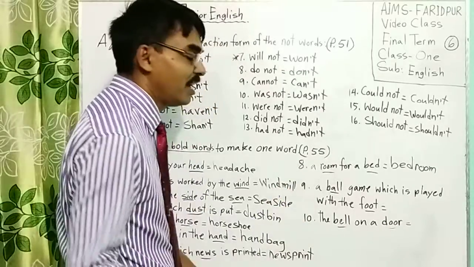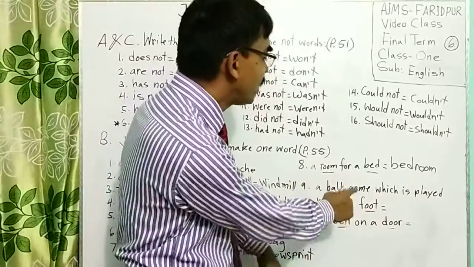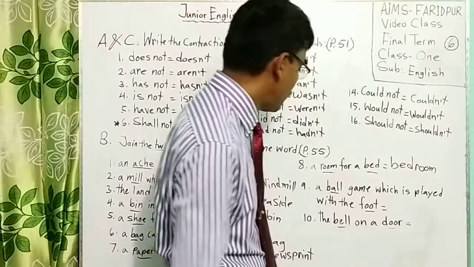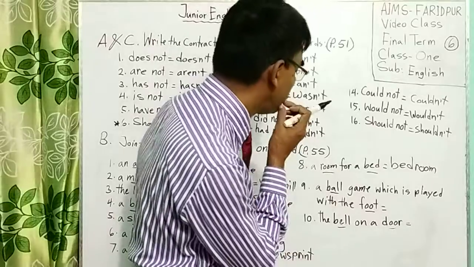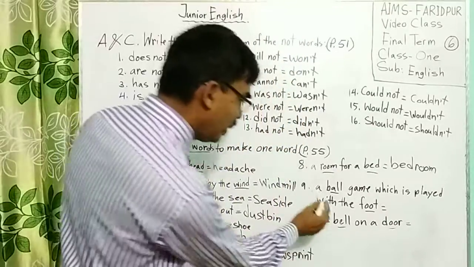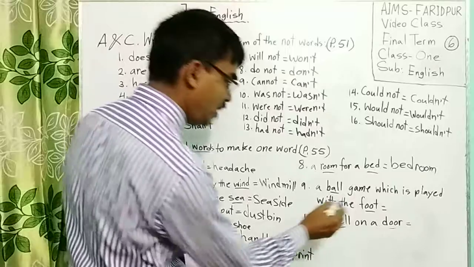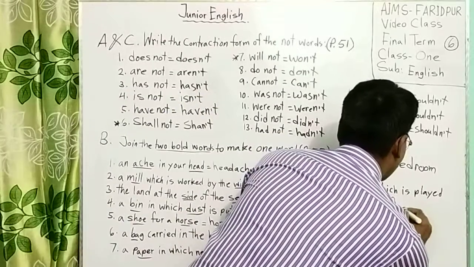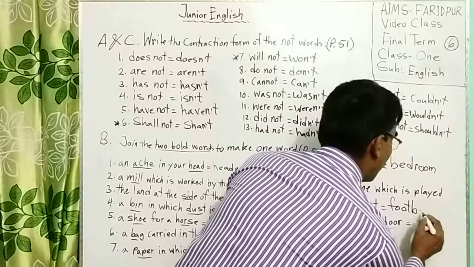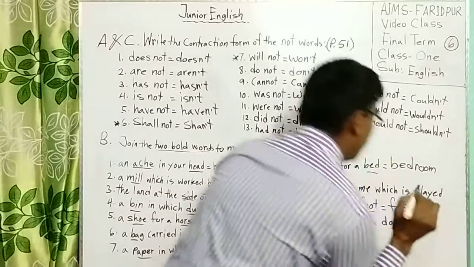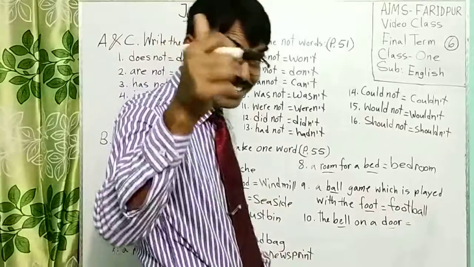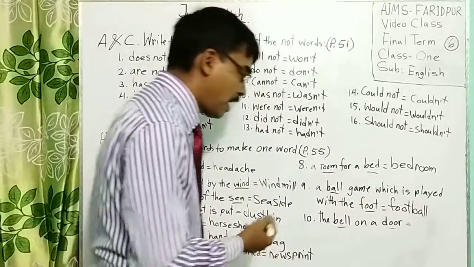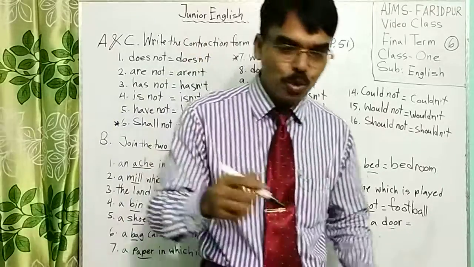So second last, number 9, a ball game which is played with the foot. Last one, foot, then ball. Here, right, foot, F-O-O-T, foot, ball. Okay, we are at the last number of this section, number 10, the bell on a door.